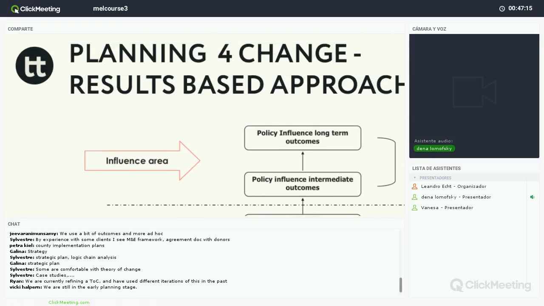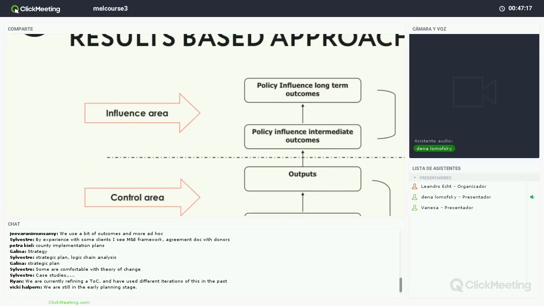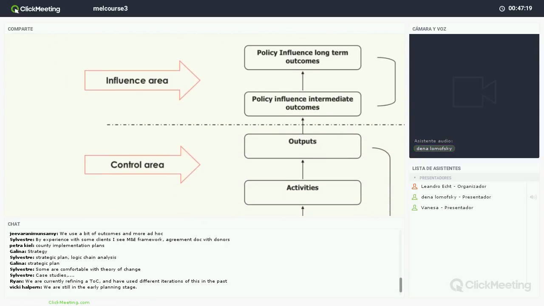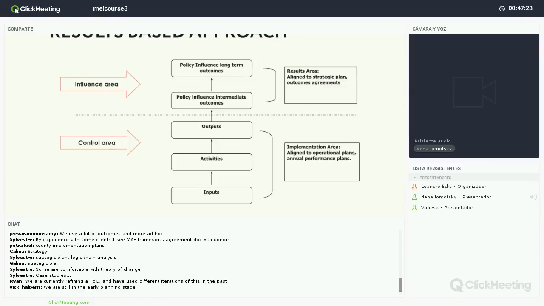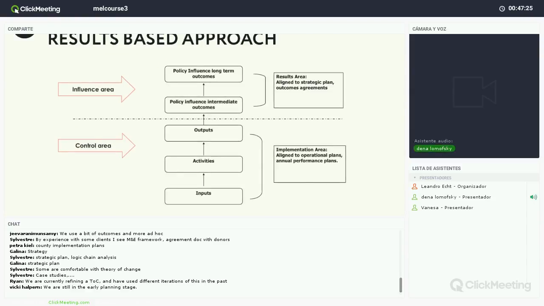Okay, so the results, essentially what we're talking about is a results-based approach to planning, monitoring, evaluation. Most of these tools and ideas of planning that is conventional, let's say, is still within the results-based framework.